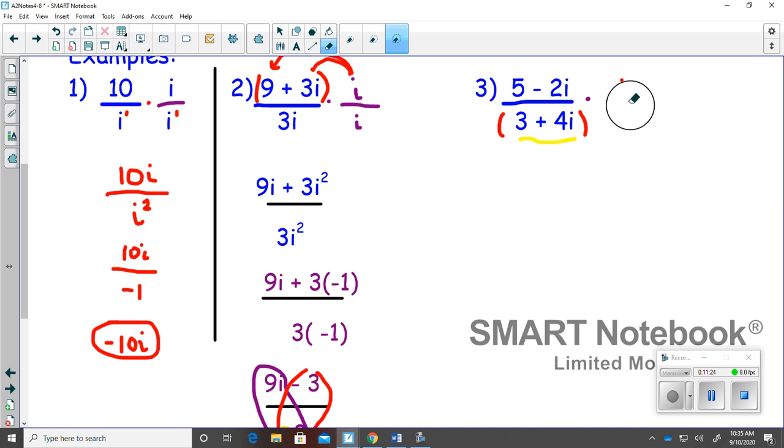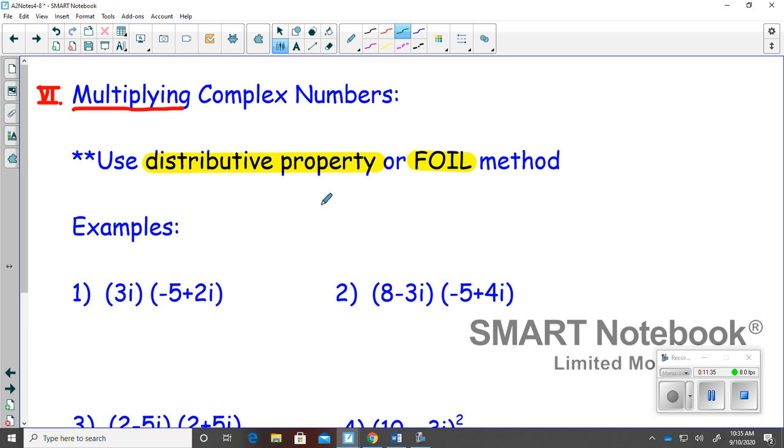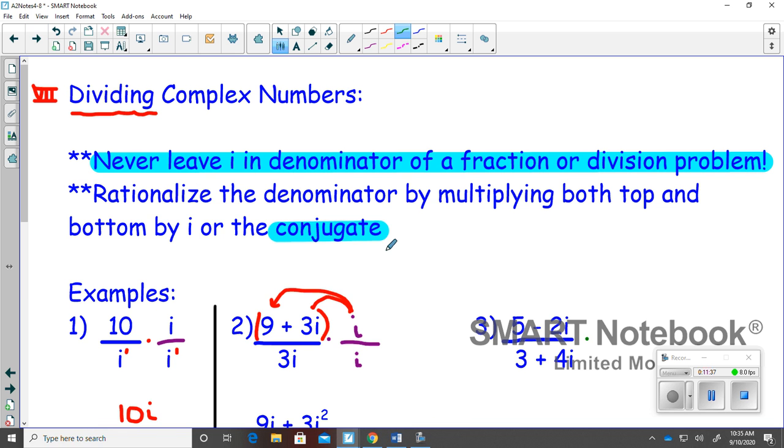Okay, so here's how we're going to have to handle this. It's a different scenario. We are going to rationalize, but I want to refer you back to the notes previously when I gave you this word, the word conjugate. Conjugate means you are going to give me a binomial with the opposite sign.